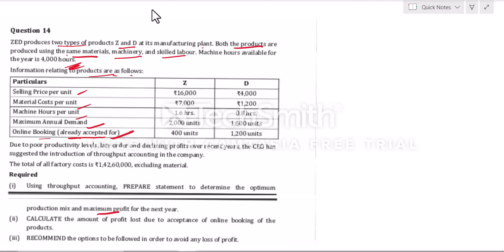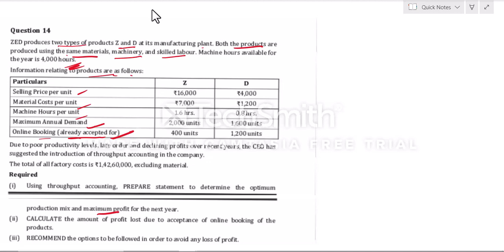What they are asking here is what that bottleneck resource can be used for to get the maximum profit. How will we decide that? The product which gives the highest contribution per bottleneck resource will be given importance first.